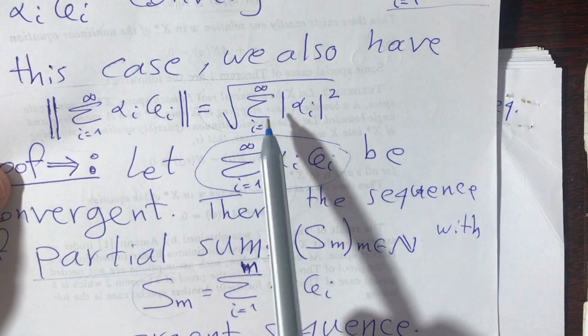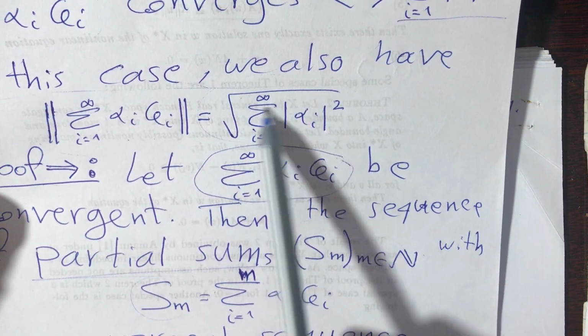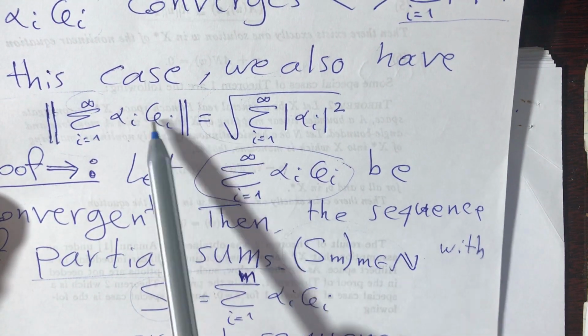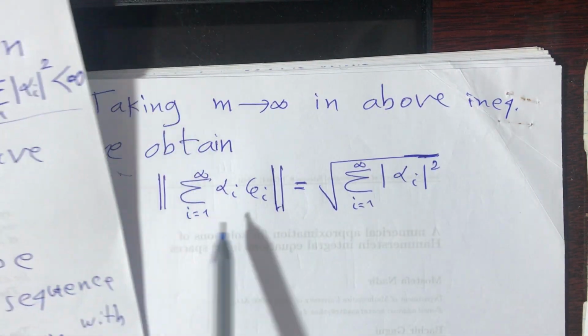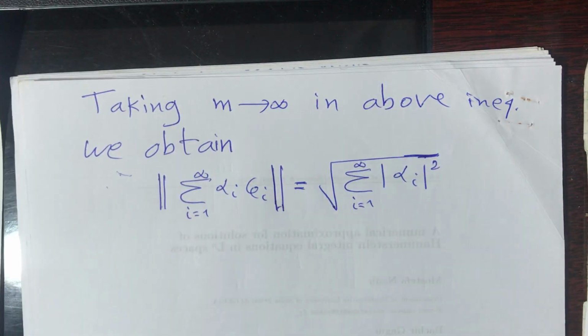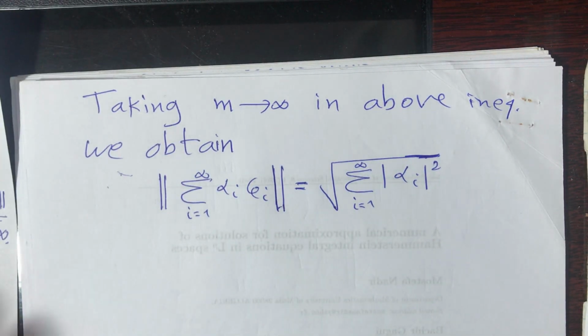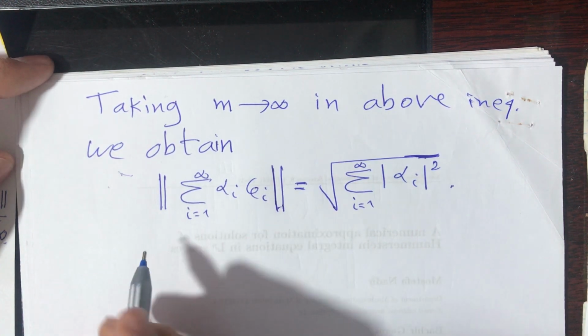Look, in our theorem this goes until infinity, and this is until infinity, so we get it now. This is equal to this. This is the first direction.